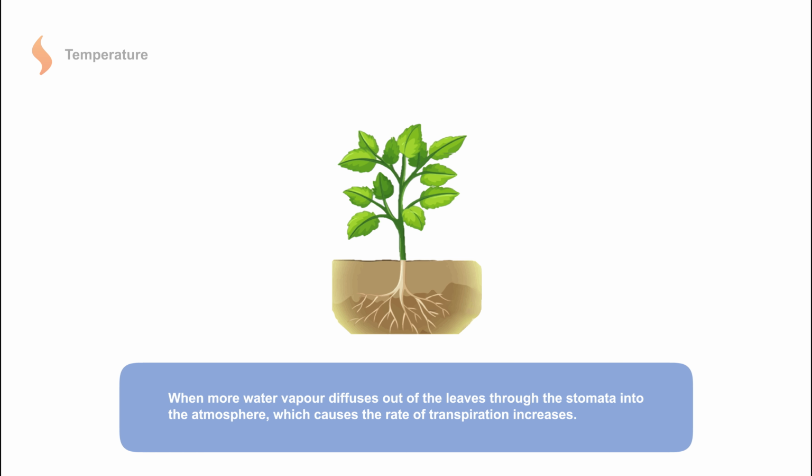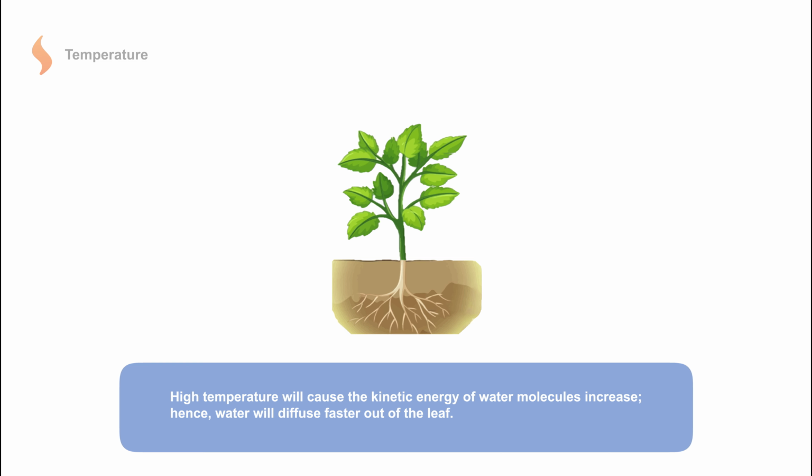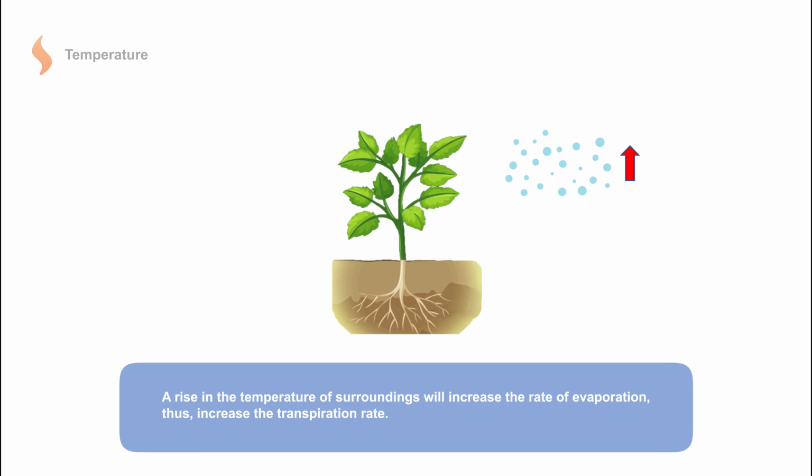When more water vapor diffuses out of the leaves through the stomata into the atmosphere, the rate of transpiration increases. High temperature will cause the kinetic energy of water molecules to increase, hence, water will diffuse faster out of the leaf. A rise in the temperature of surroundings will increase the rate of evaporation, thus increasing the transpiration rate.